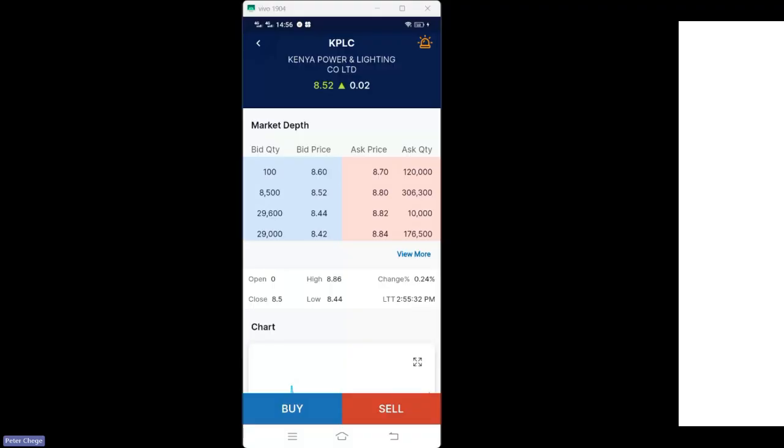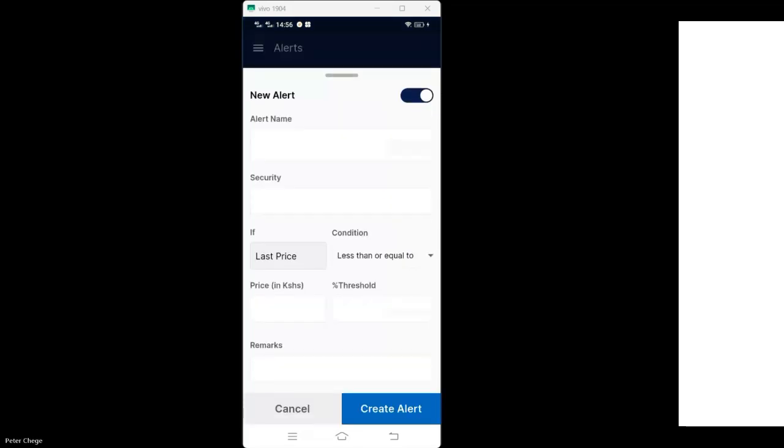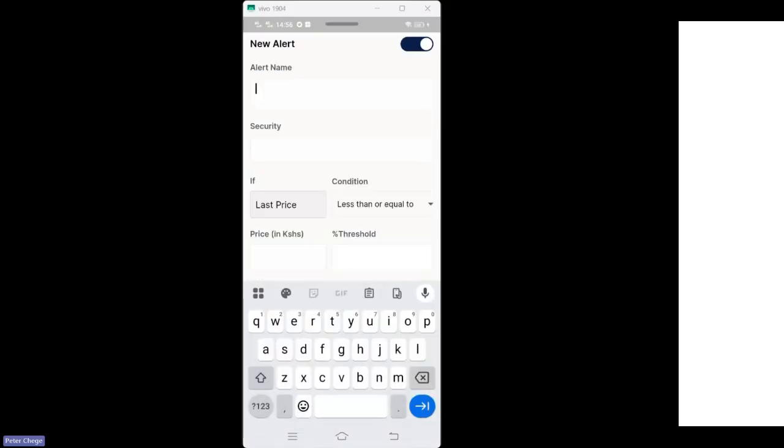You click on that, it goes to alerts. So you can put security alerts, and all security alerts you put, you see them here. So you go to the bottom icon, still on the right, then this is where you can put alerts, and you can turn it on or off. So I can put this like KPLC.